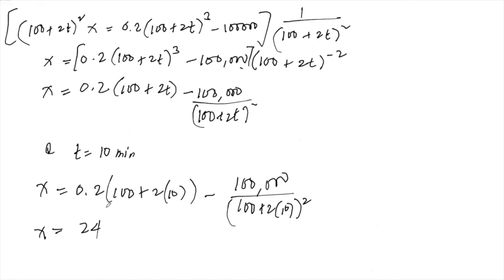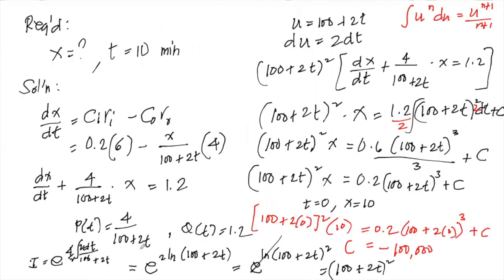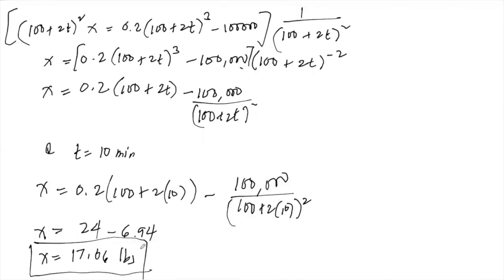So pangalawang term, minus 6.94. So x is equal to 17.06. Ayan, check natin kung tama ang sagot. Yes, we did it. 17.06 pounds. This is the final answer.